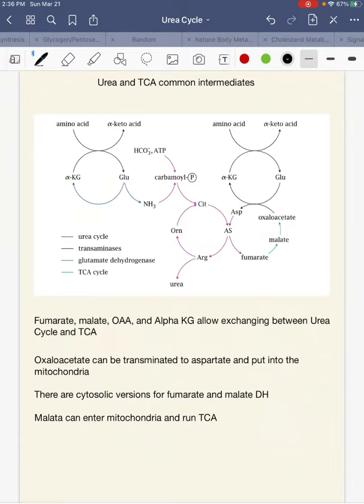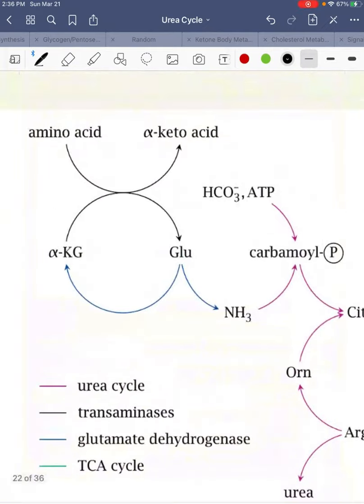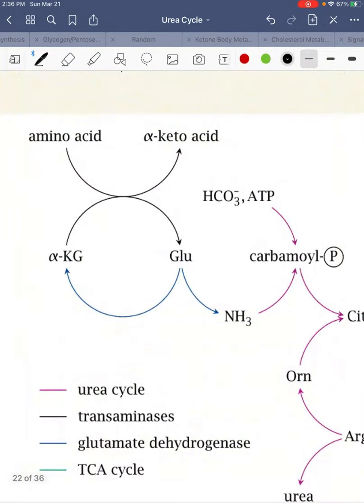Okay, let's talk about how the urea cycle and TCA are related to each other. I know it's confusing, but we'll look at it one part at a time. This is alpha-ketoglutarate, this is an amino acid, this is alpha-keto acid, and this is glutamate.